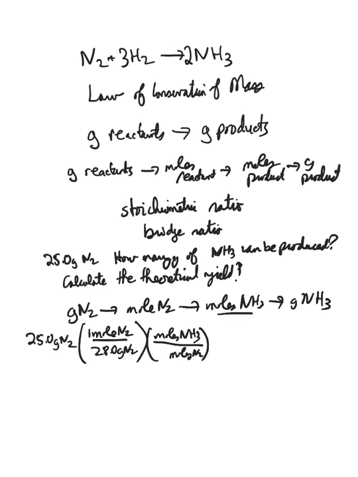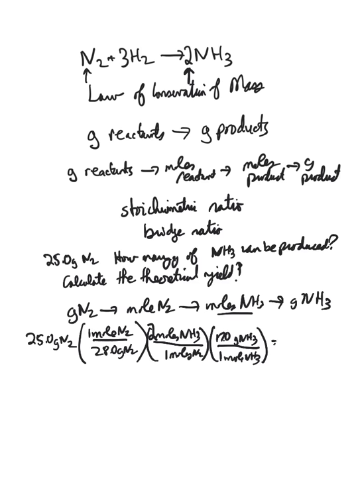But I need to put in my stoichiometric ratio that says that 2 moles of ammonia is produced from 1 mole of nitrogen. So I need a 2 in my numerator. So 2 moles of ammonia to 1 mole of nitrogen. And now I can convert to grams of ammonia, and that 1 mole of ammonia is the same as 17.0 grams of ammonia.